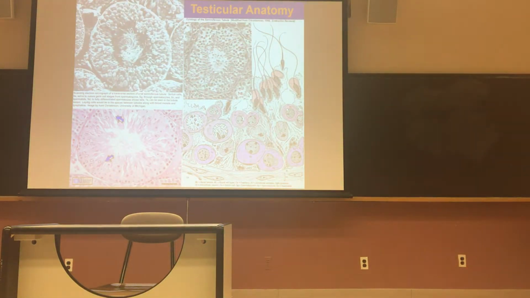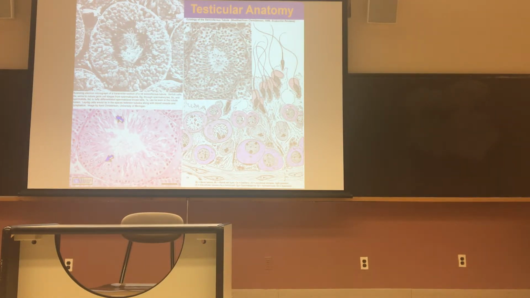These are other pictures. Here's a more enlarged picture of what I just showed you. This is a scanning electron micrograph showing you matured sperm tails extending into the lumen of the seminiferous tubules. Down here at the baseline are spermatogonia.